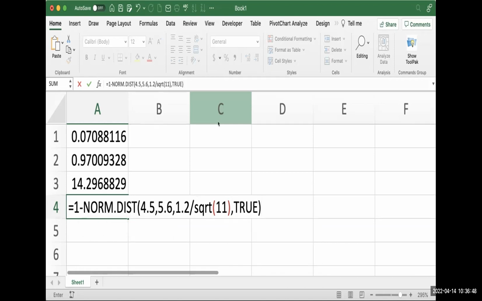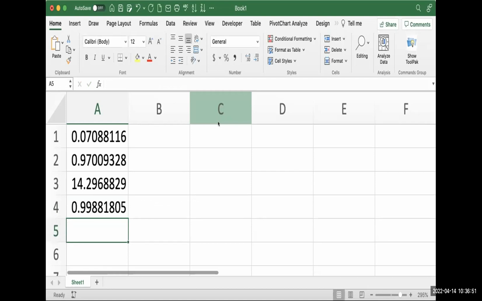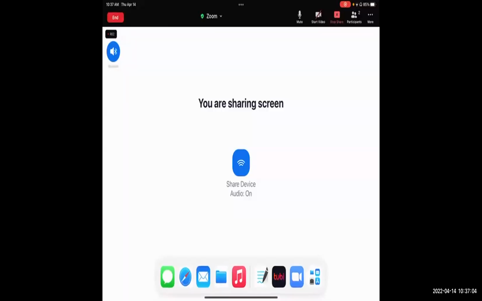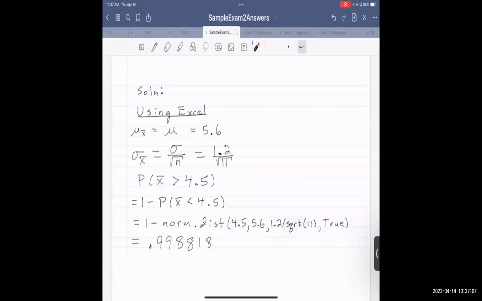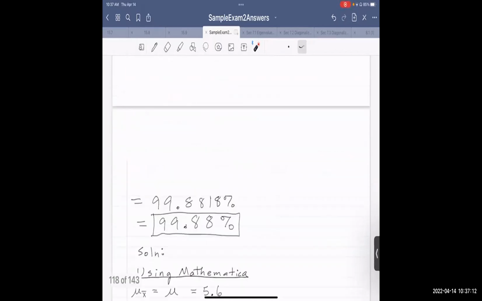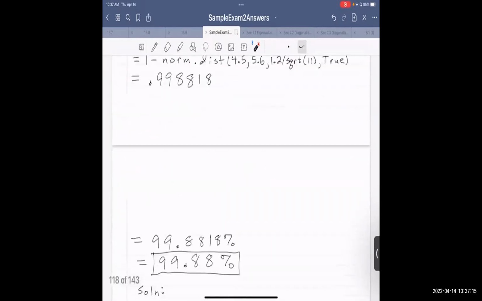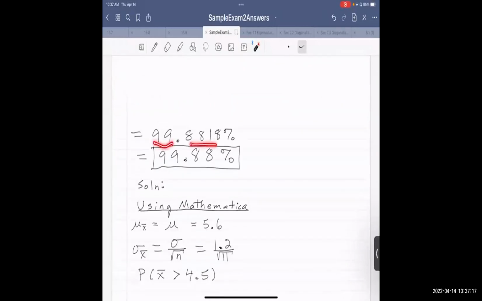And so I'll get 0.99881805. Let me type that into my iPad. So I have here 0.998818, which I can move 2 decimal places to the right, 99.8818%, which I can round to 99.88%.